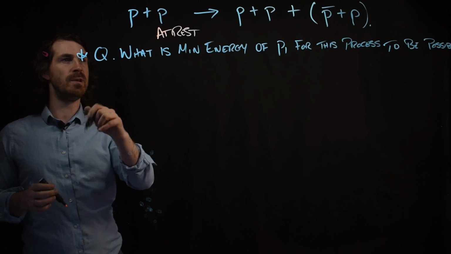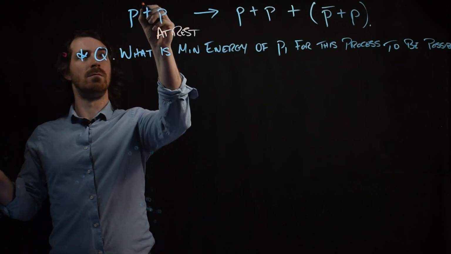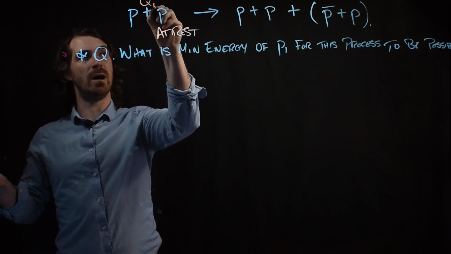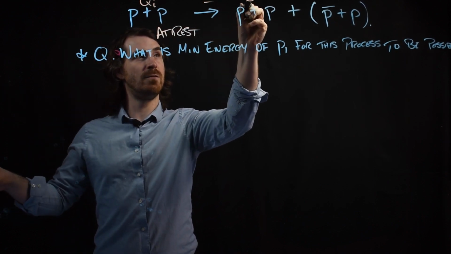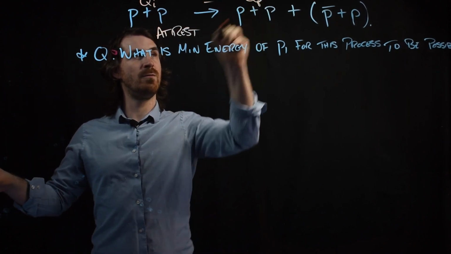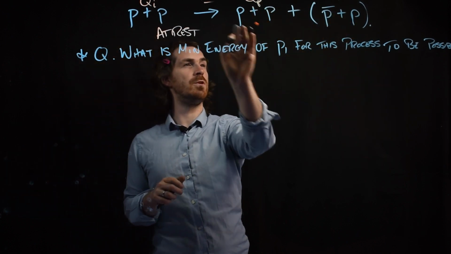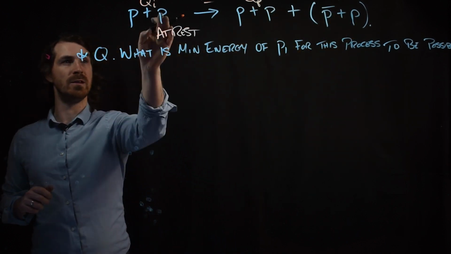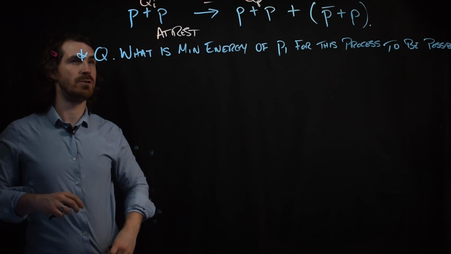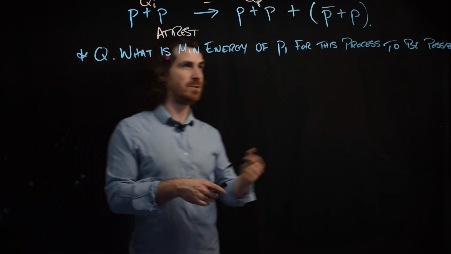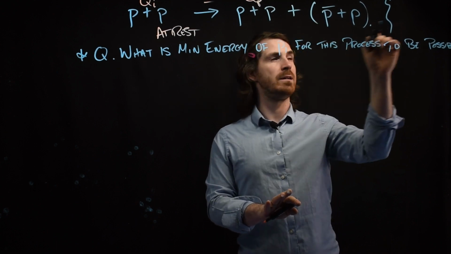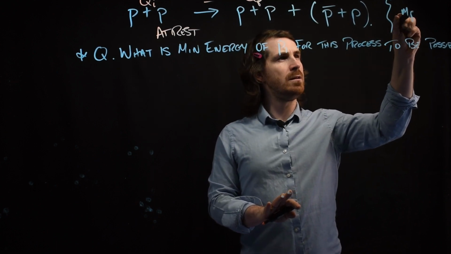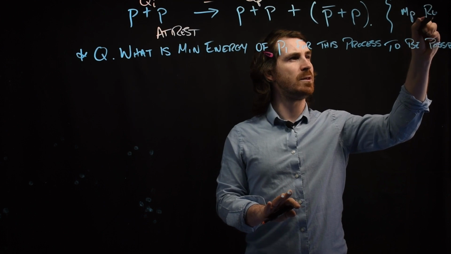So the initial total four-momentum, Q_i mu, equals the total final four-momentum, Q_f mu, which is the four-momentum of all these particles. And the initial one is of the two initial protons. And let me just say that the rest mass of all of these protons and antiproton is m_p. So that's the rest mass.